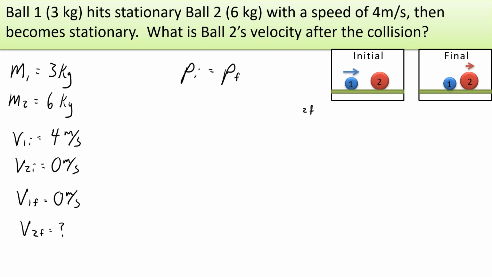Really think about, okay, it's the mass of the first object times the velocity of the first object initially. But really it boils down to mass times velocity plus mass times velocity, because there's two separate objects. This is a really cheat code.